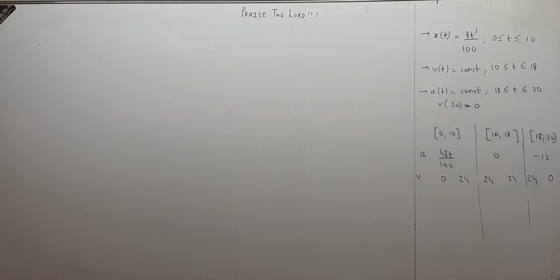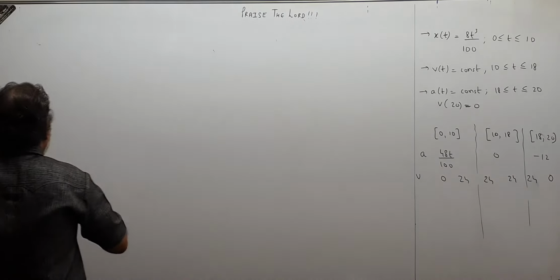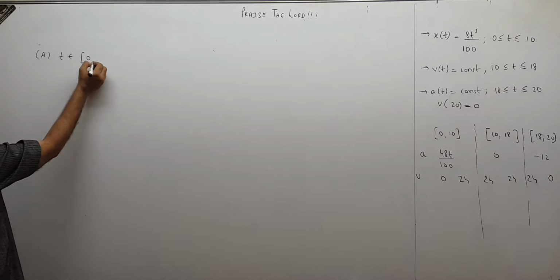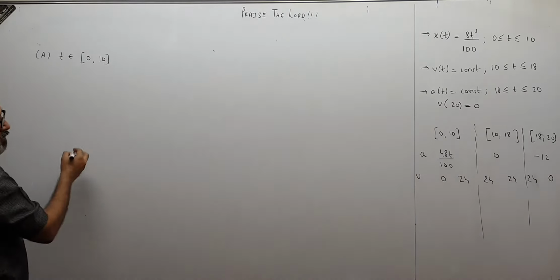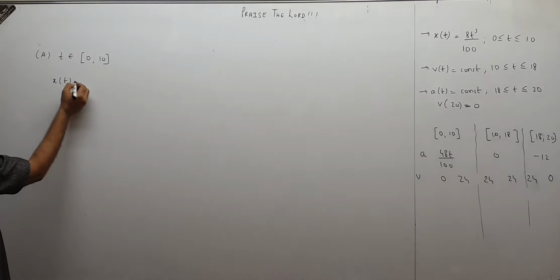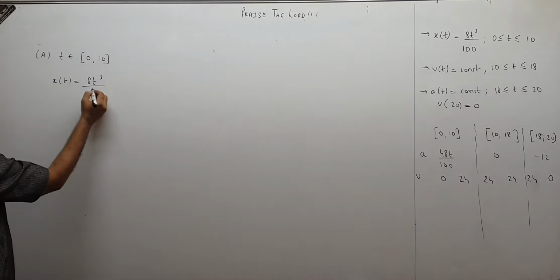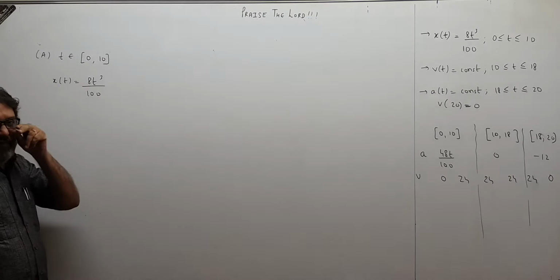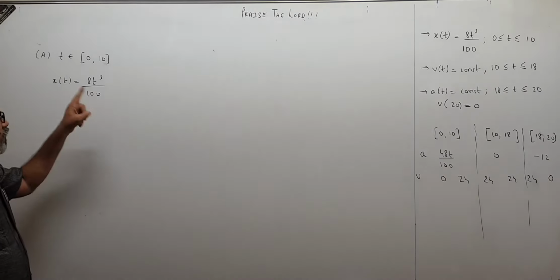Now finally we have to talk about position, children. So for the time interval from 0 to 10, the graph of position versus time is 80 t cube upon 100. So this is the graph of position versus time for 0 to 10.